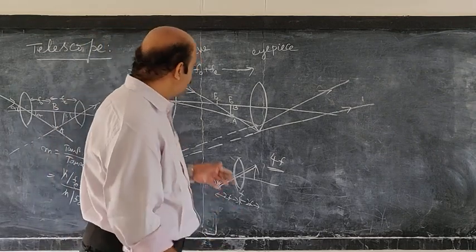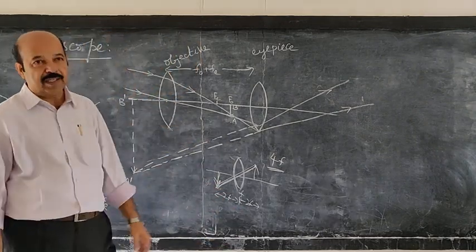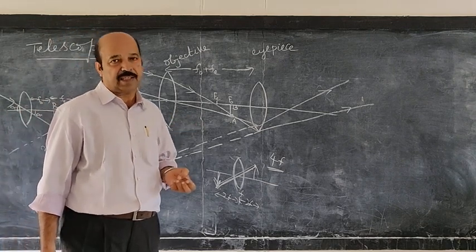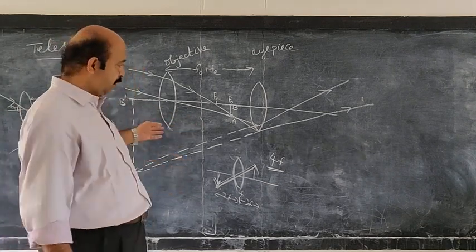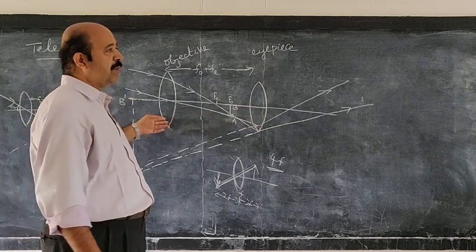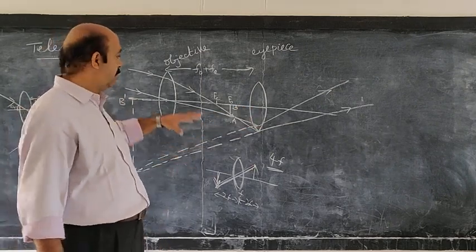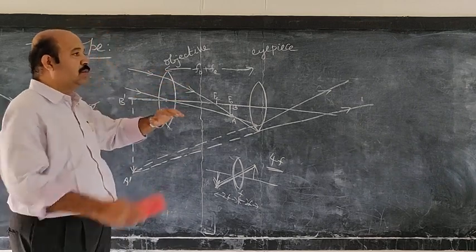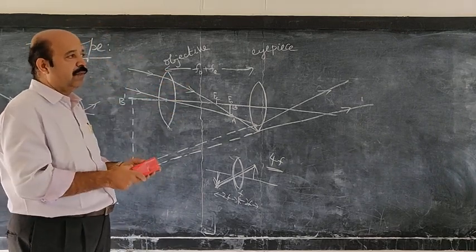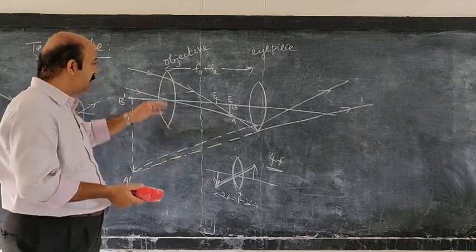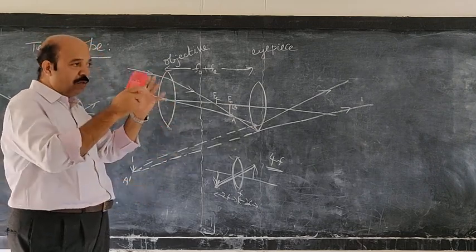Now, due to refraction through several lenses, the image intensity decreases, and of course the space it occupies is also very large. To have a large field of view of the stars, the aperture of the objective lens should be more.